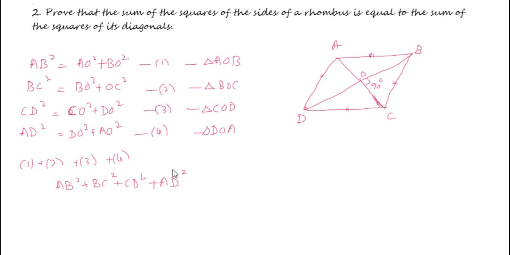This is nothing but the sum of the squares of the sides, that is equal to AO square plus BO square plus BO square plus CO square plus CO square plus DO square plus DO square plus AO square.